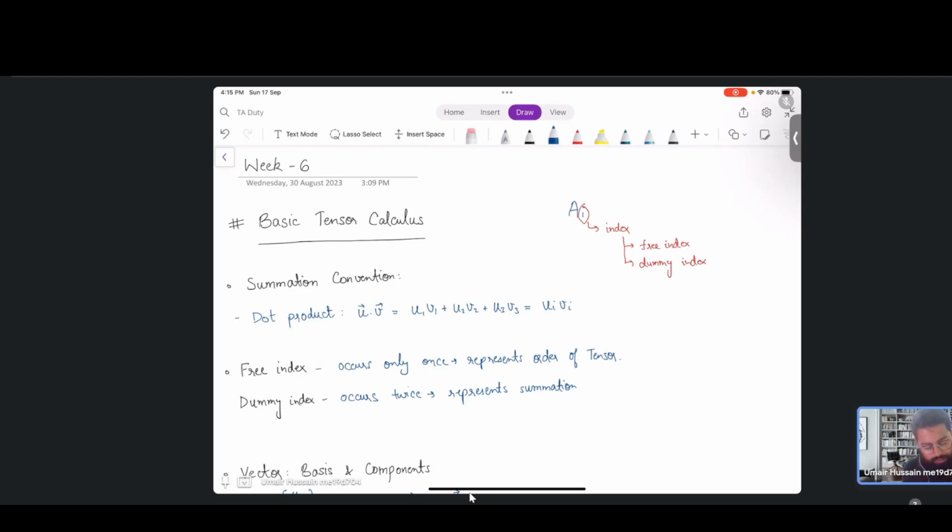It is actually a summation using the sigma symbol, the sum over i equals 1 to 3 of ui vi, which essentially means the same. So we can just drop this symbol and simply write it as ui vi. So this essentially means this.